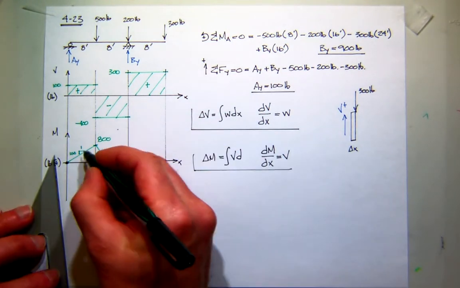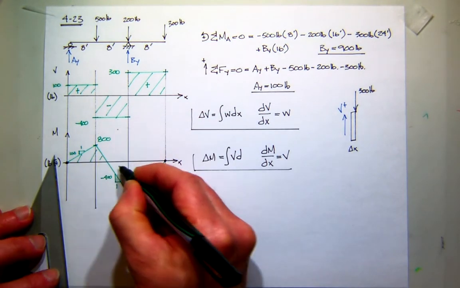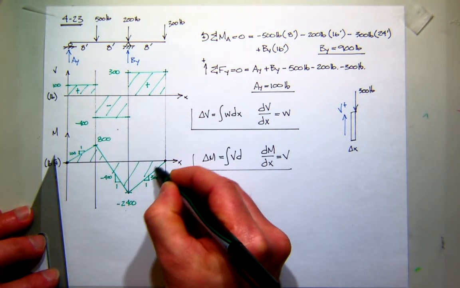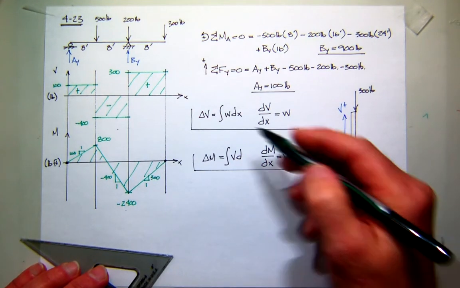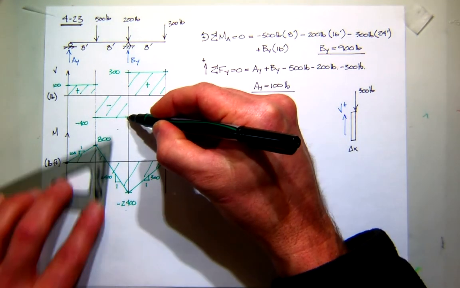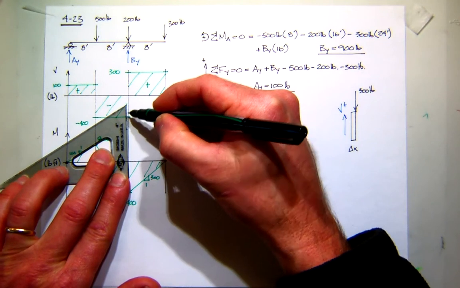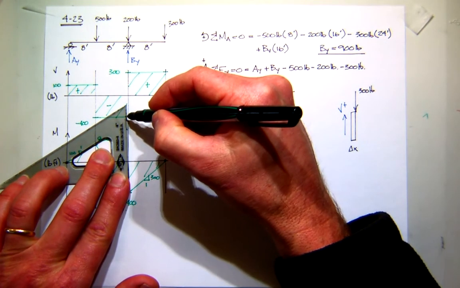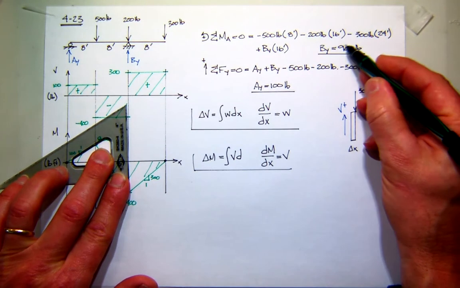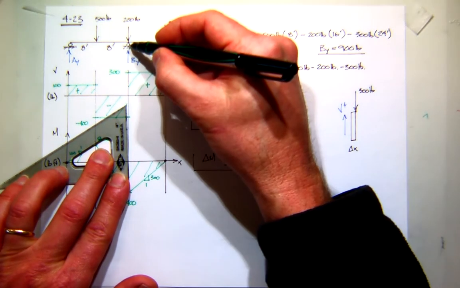Mr. Abney, in the shear diagram, why did you go from negative 400 to 300? Well, I started at negative 400, right? And then the first thing I encounter would be my reaction, which means I go negative 400 plus 900. That brings me up to positive 500.